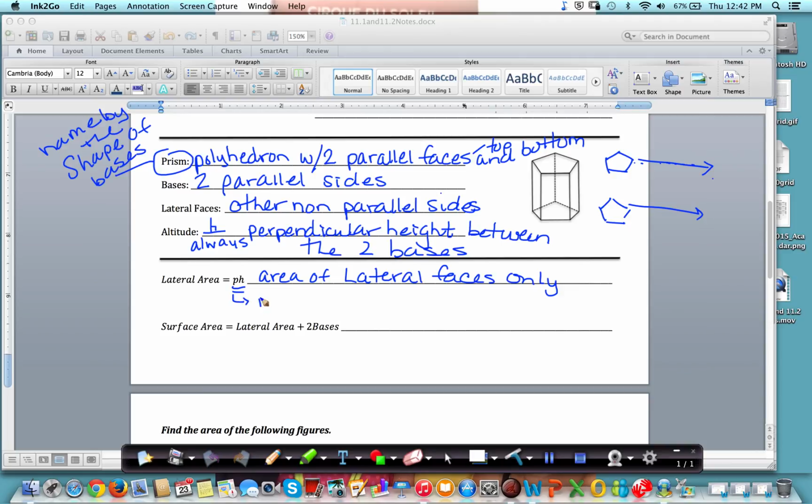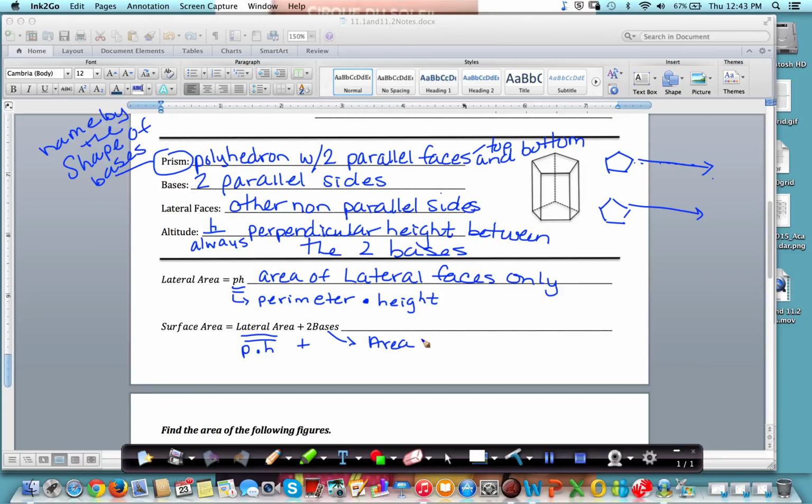That's what that means. Perimeter times height. The surface area is the lateral area, which we just found, perimeter times height, plus the area of the two bases. And the area formula that you're going to use depends on the shape.